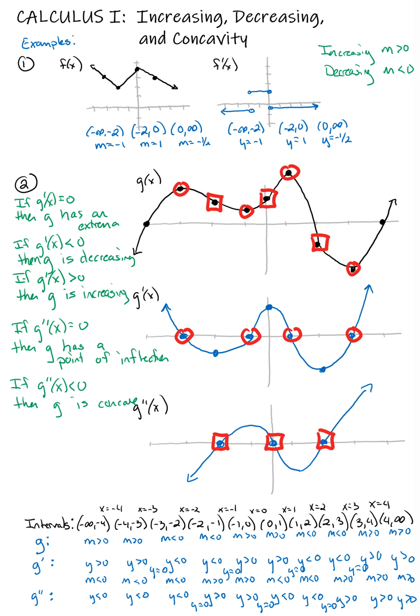And if G double prime is positive, notice what happens. We're looking at concave up, back on G.